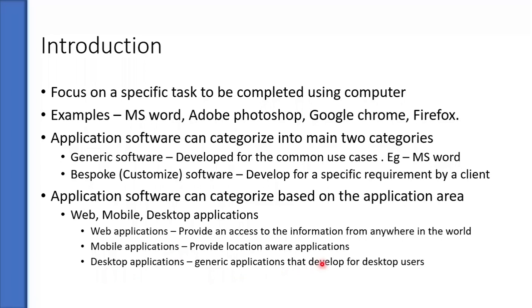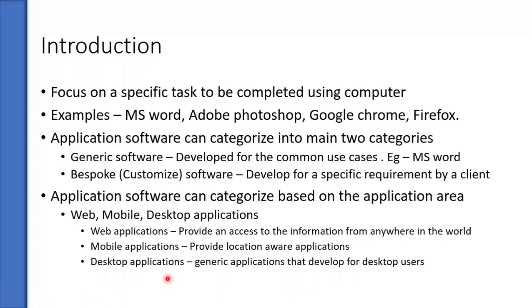Desktop applications are the generic applications developed for desktop users, like applications that require high processing in your computer, or require a large screen. In those cases, you use desktop applications, or the day-to-day activities.